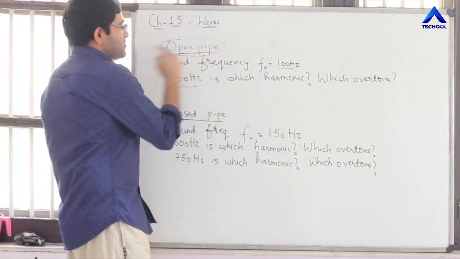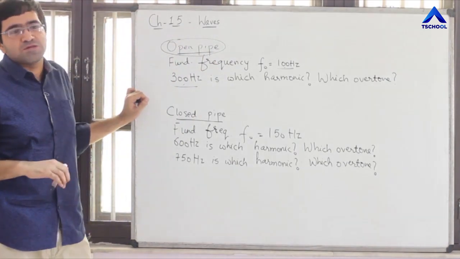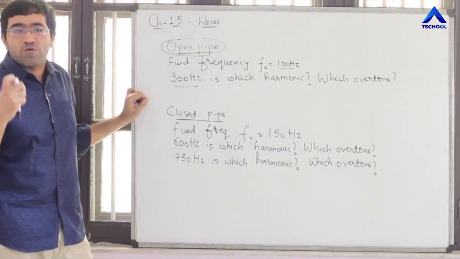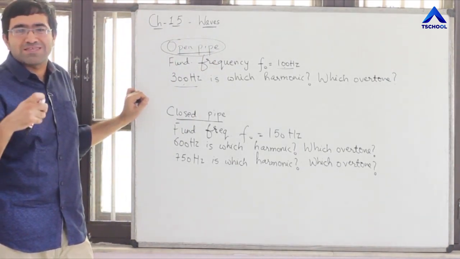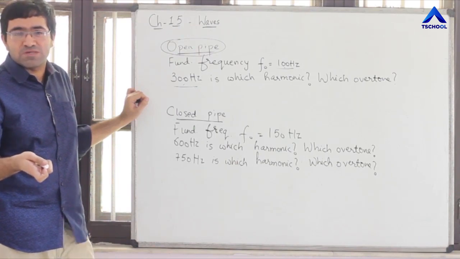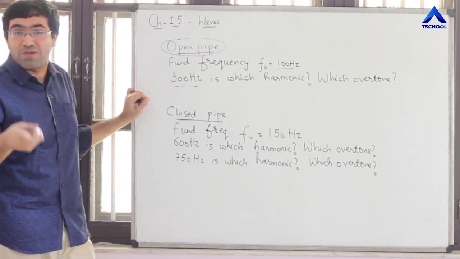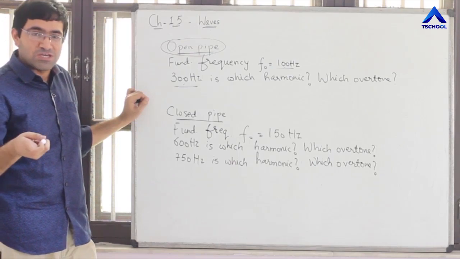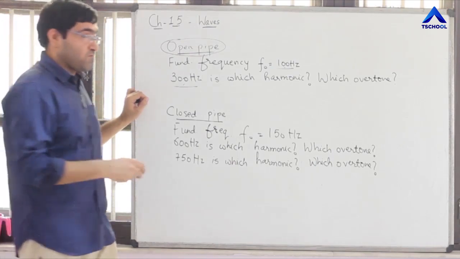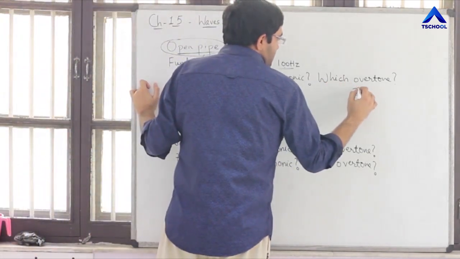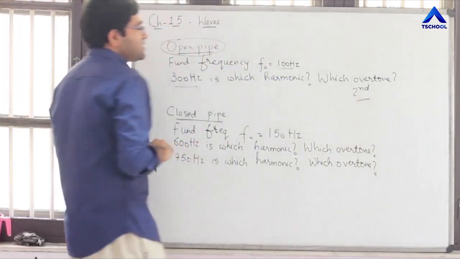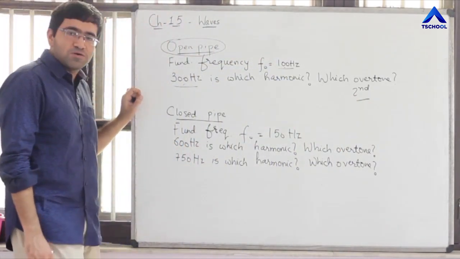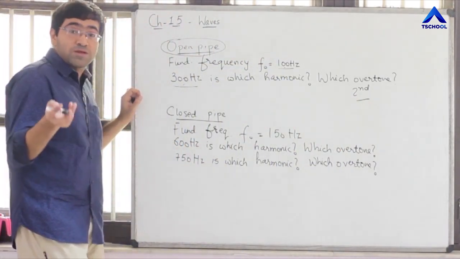So for that, you are going to have to consider what this is. It's an open pipe. For an open pipe, 3 times fundamental frequency is 3V by 2L, which is the second overtone. So the correct answer to this question is it's the second overtone. I hope that is clear.